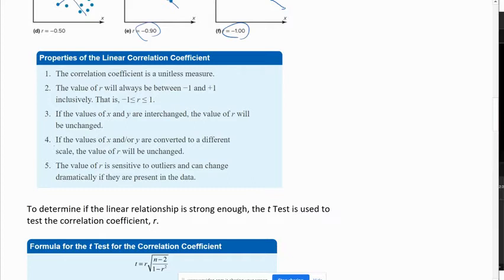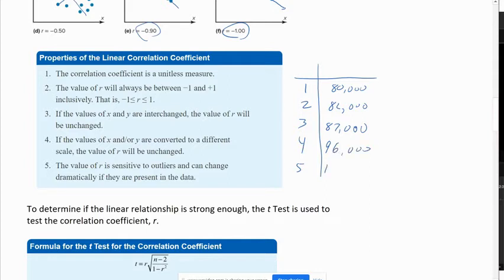And then also, if you change the scale, let's say you had data where you had years that have gone by and salary or something like that. So let's say you had 82,000, 87,000, 96,000, 102,000, or something like that.